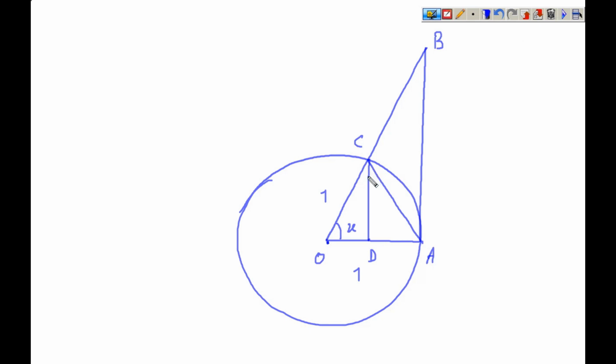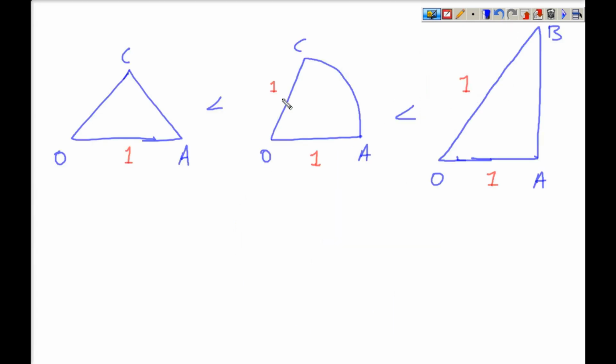But here before I go to the next page, we can see that triangle OBA is occupying a lot of space, a lot of area. So that means the area of this one is bigger than the triangle OCA, as well as the sector. So here I have redrawn these triangles.